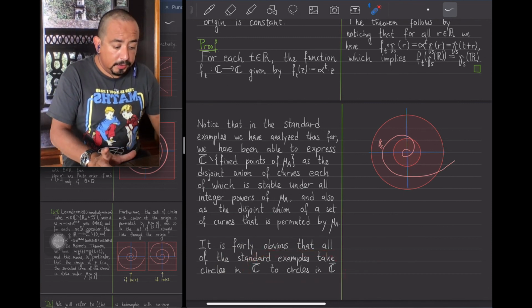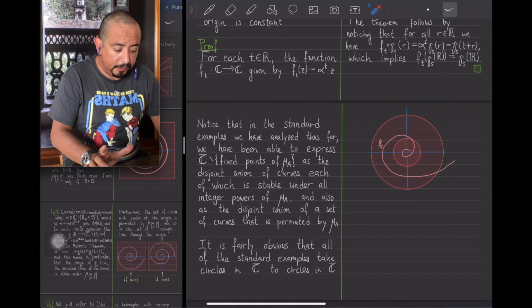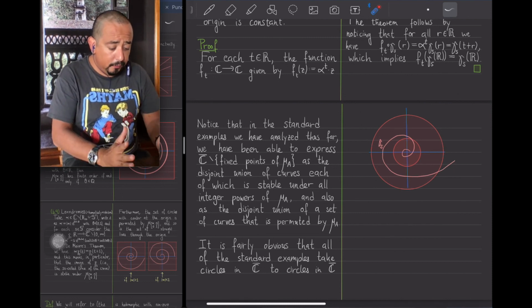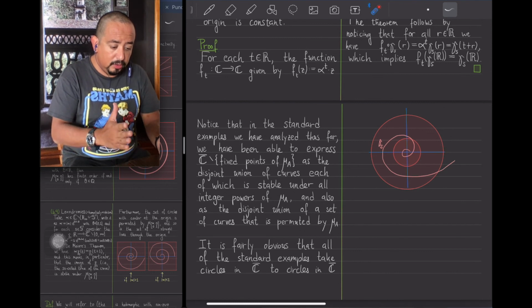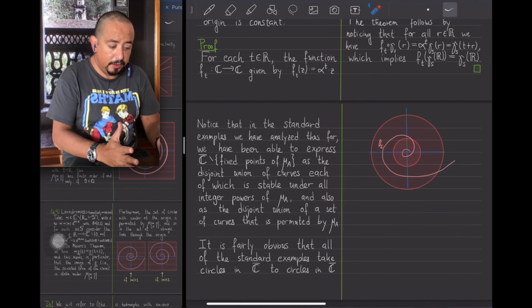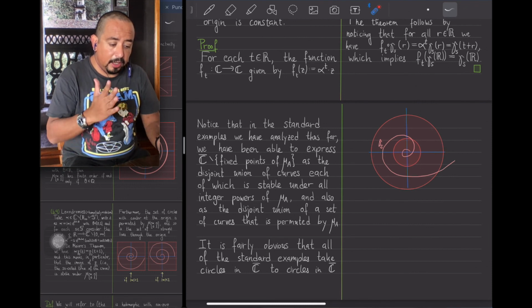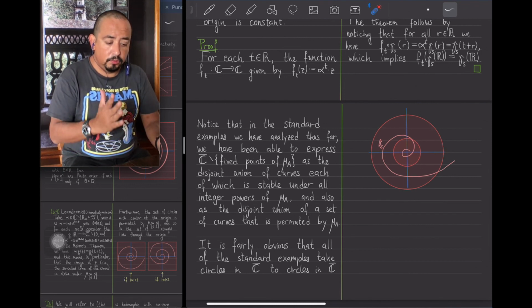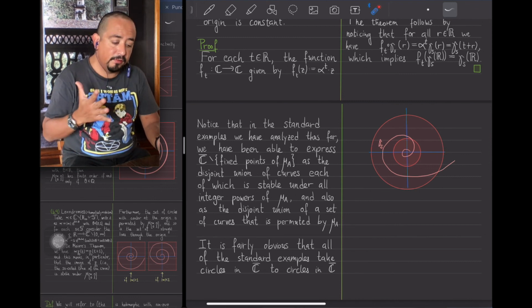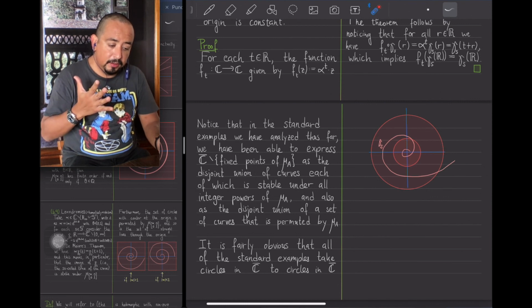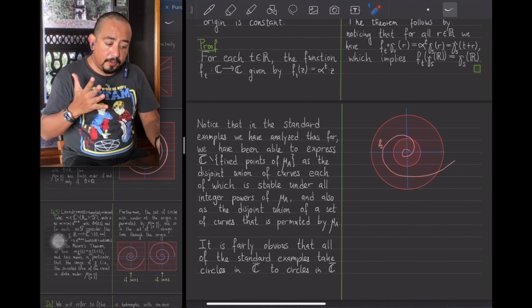So, summary of today's class. First of all, we introduced the notion of Möbius transformation as a linear algebraic concept. We defined a Möbius transformation to be the shadow at the level of P1C of the bijective linear maps from C squared to itself.